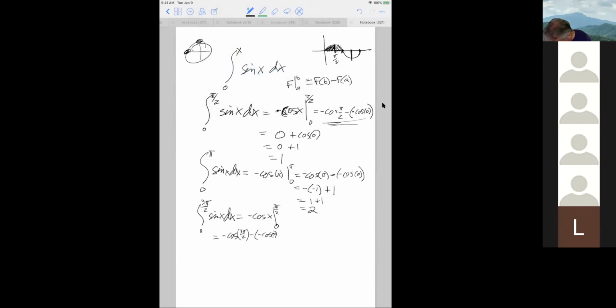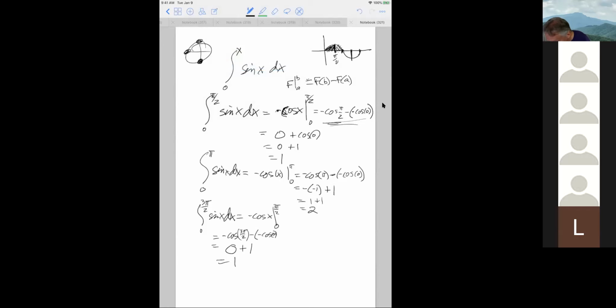Got to keep track of the minus signs, which gives us, okay, cos of 3 pi over 2. We're back here, okay? And what is the cos of 3 pi over 2? 0. So I've got 0 here. Plus, what's cos of 0? It's equal to 1. That's 0 plus 1, which equals 1.